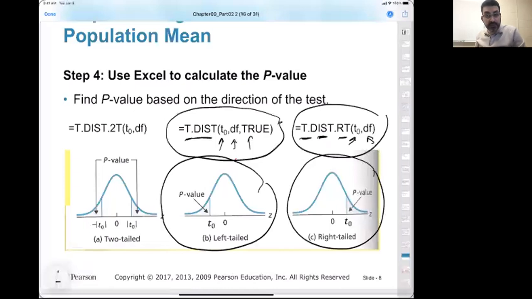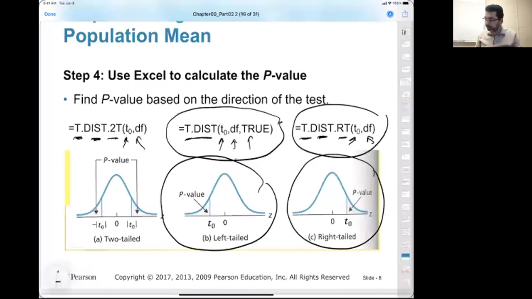For the two-tailed test, which means the alternative hypothesis has a not-equal sign, you must use the two-tailed function to find the p-value. So you will use t dot distribution dot 2t. 2t here means the two tails. Again, you put here the test statistic value and the degrees of freedom.